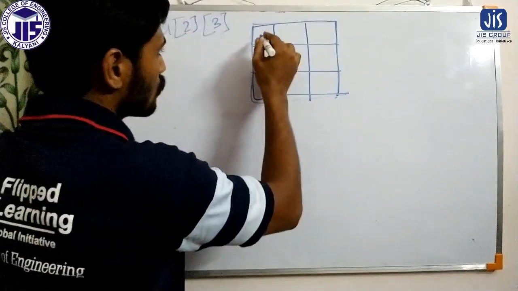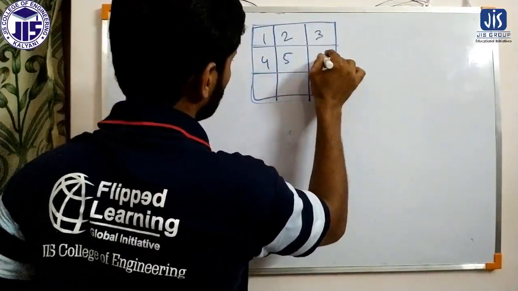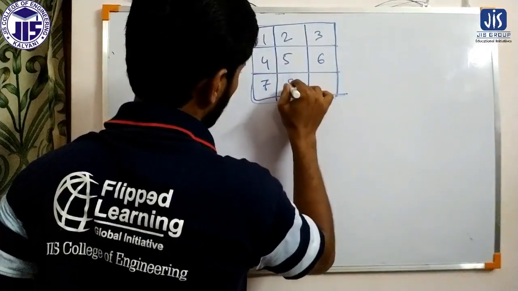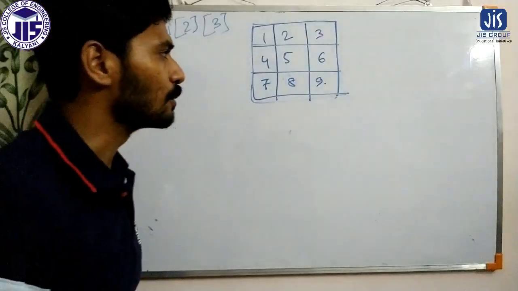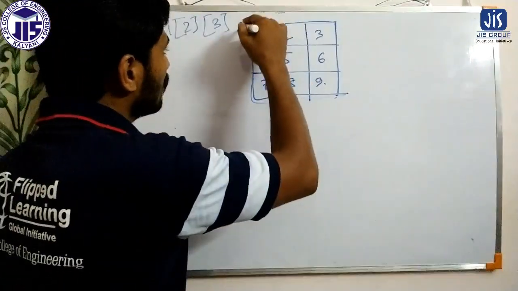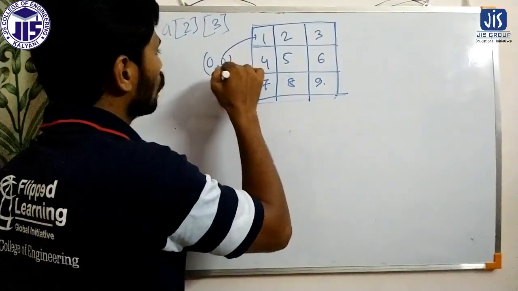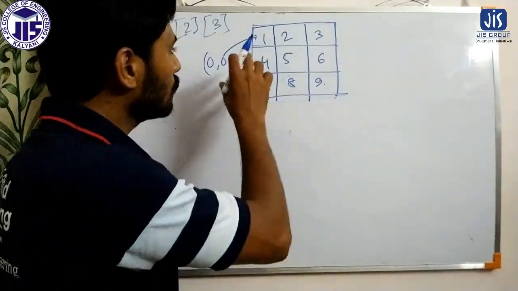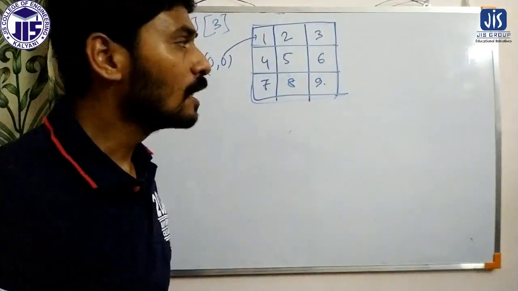It's like this: 1, 2, 3, 4, 5, 6. This is the two-dimensional array we have considered, and this is our 0, 0 element, row 0 and column 0 element. That will be considered our base address. The address of this element will be our base address.